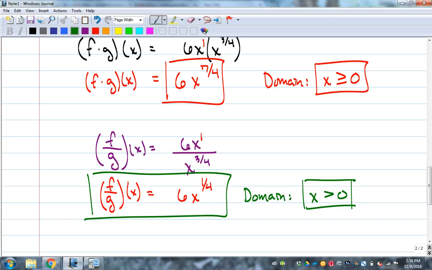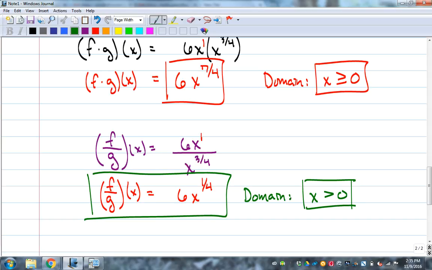It came from there, where we had put an x in the bottom. So that's why. When you look at your domain, you got to think, where did it come from? Okay? So it came from simplifying this. So you want to look at your unsimplified part first to decide if you need to do anything with that. Okay? And then the simplified version gets you the greater than part. Anyway, so we got to drop the 0, so no equal to mark on that one.